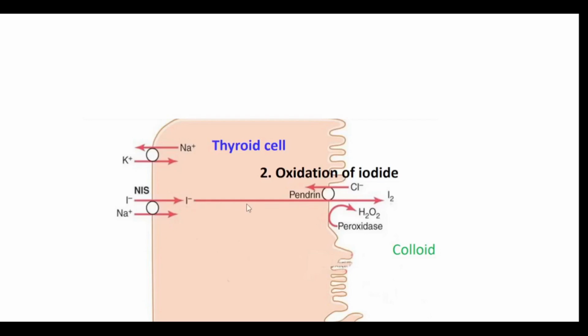Iodide is taken from the cell into the lumen and chloride is taken from the lumen into the cell. So that counter transporter is known as pendrin. And also there will be oxidation of iodide to iodine. The iodide is converted to iodine by the enzyme peroxidase and hydrogen peroxide.